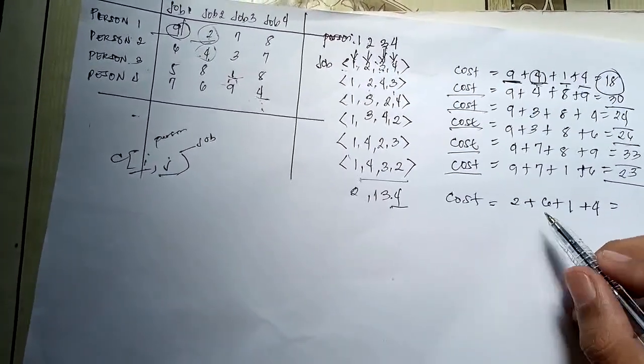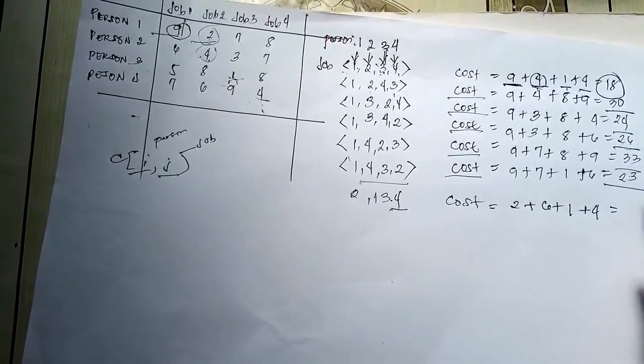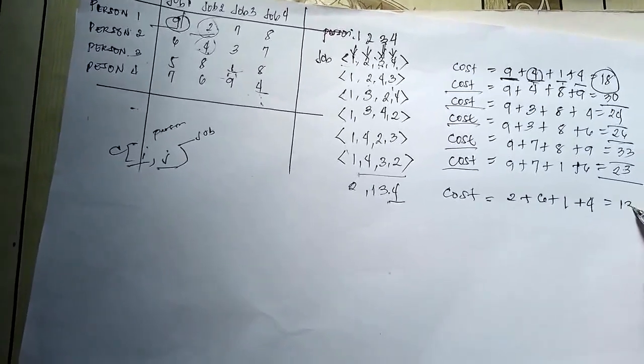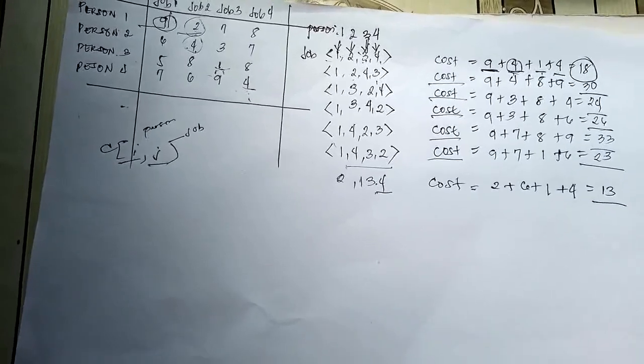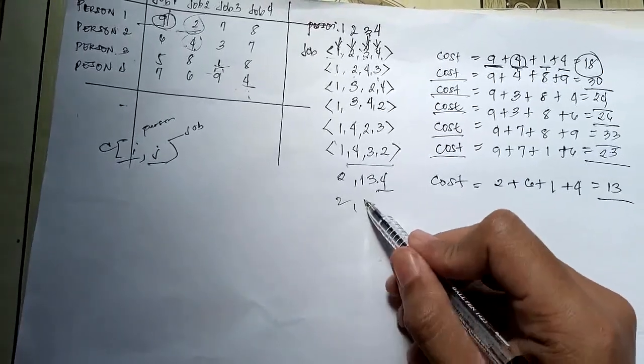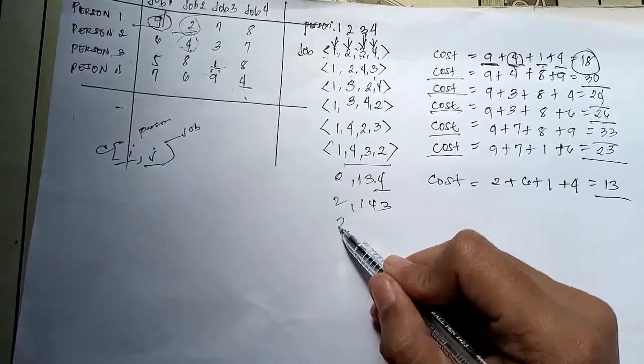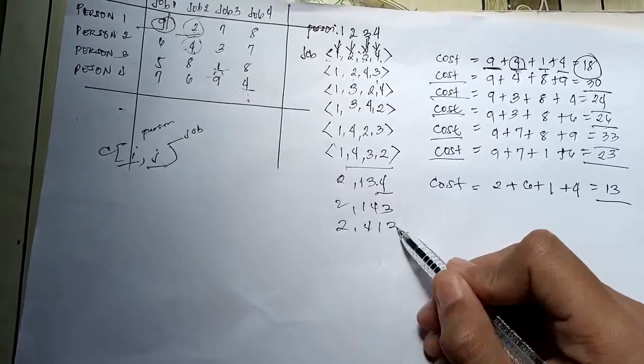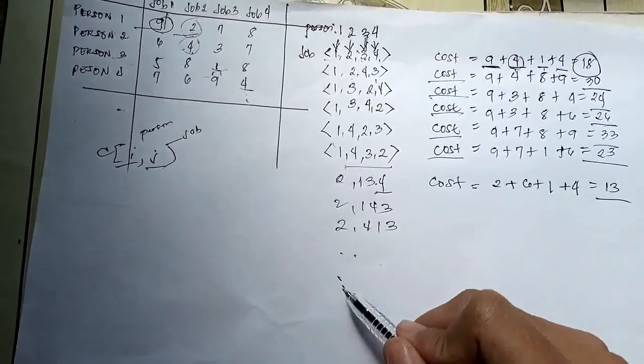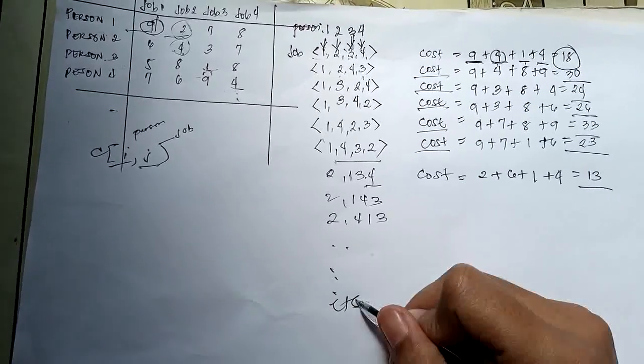So the cost here is 2 plus 6 plus 1 plus 4, which comes to 13. You can also have 2, 1, 4, 3; 2, 4, 1, 3, and so on.